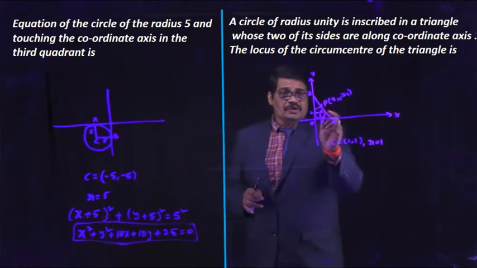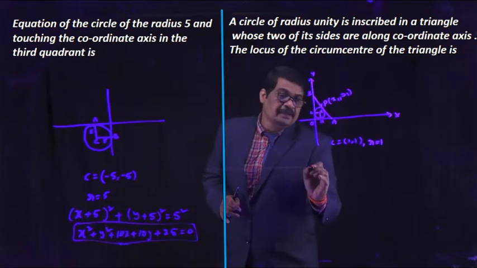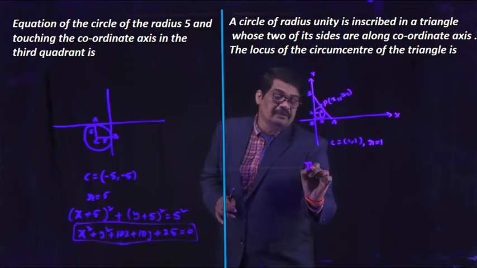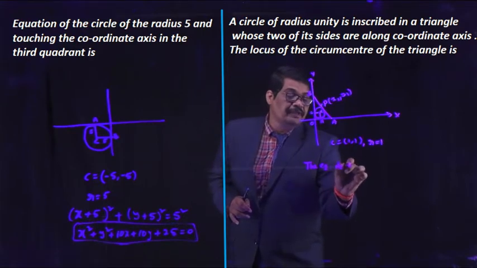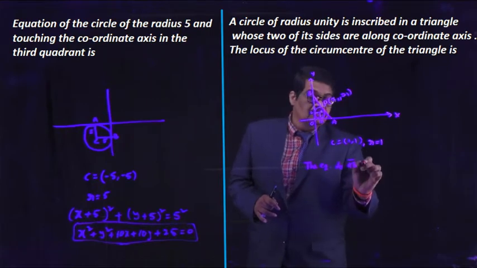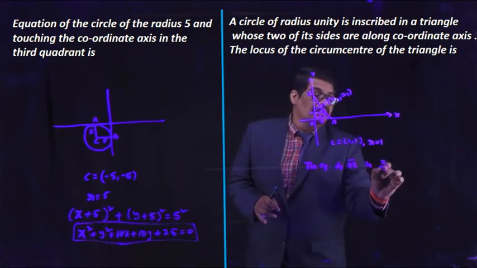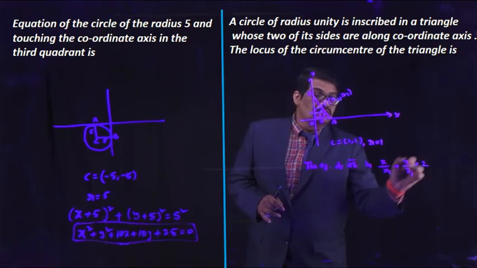If P is the midpoint of AB, then what is the equation of AB? We know the formula: if the midpoint of AB is x1, y1, the equation is x by x1 plus y by y1 is equal to 2.